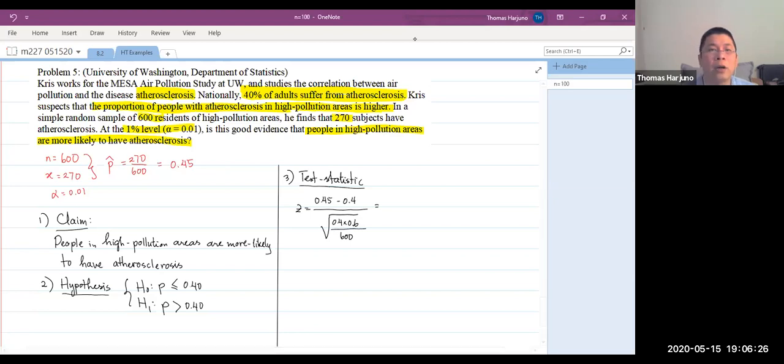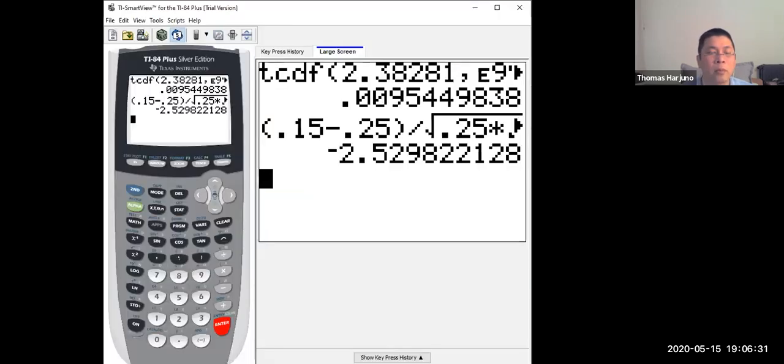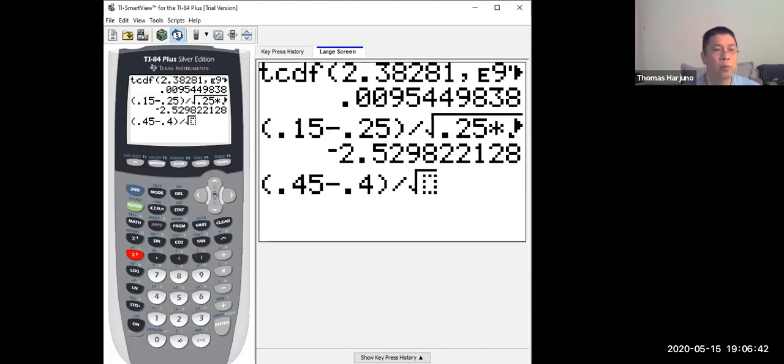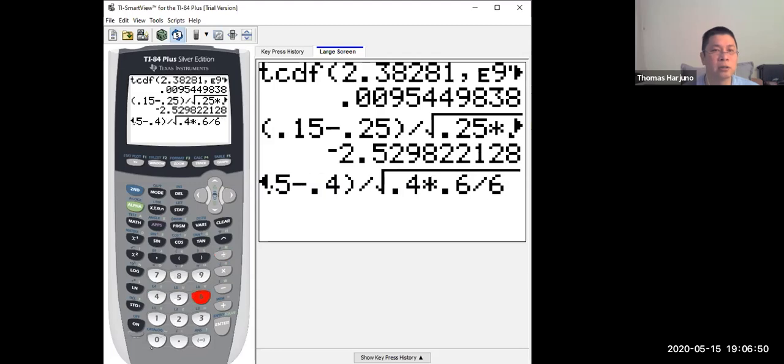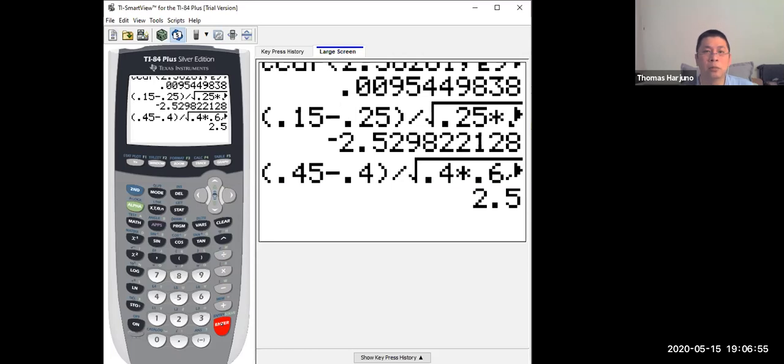Go to my calculator. 0.45 minus 0.4, divided by the square root of 0.4 times 0.6 over 600. I get 2.5. Exactly the same number I had earlier, huh? What a coincidence.